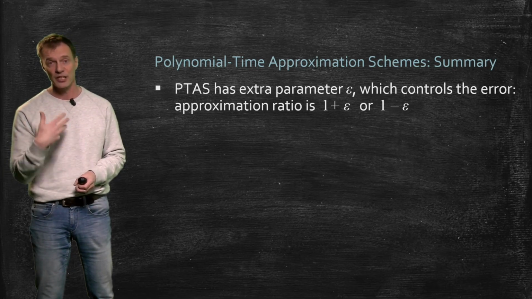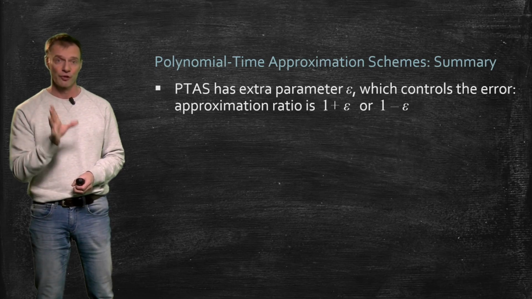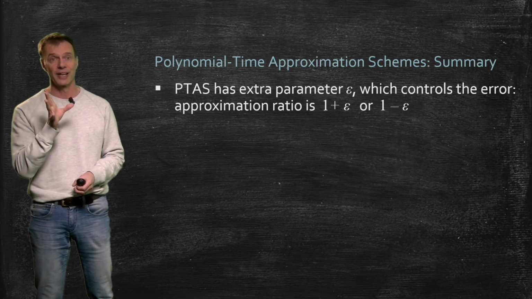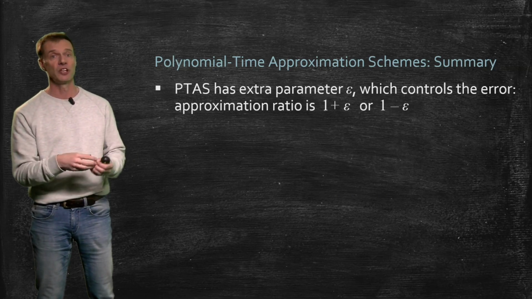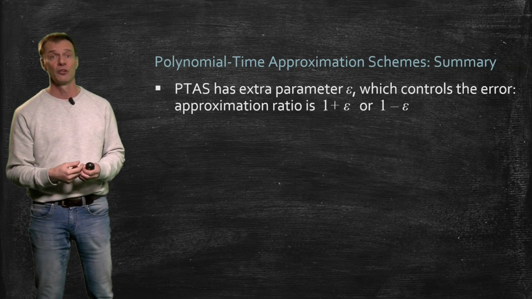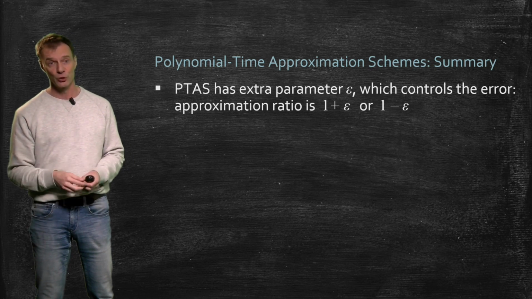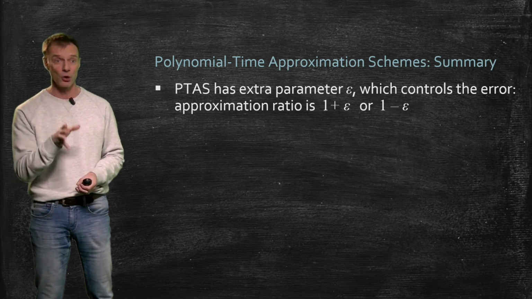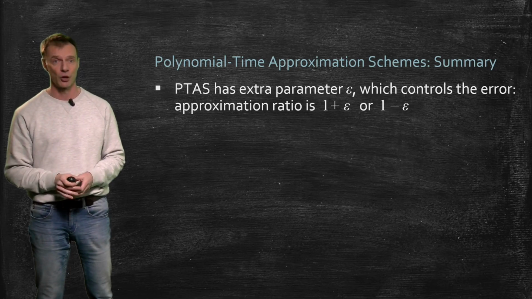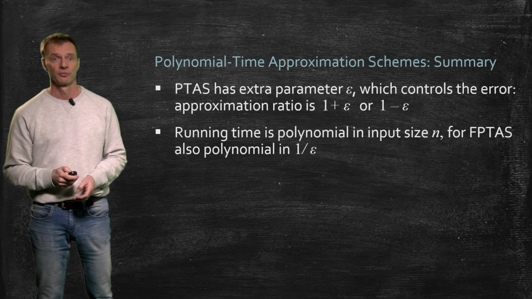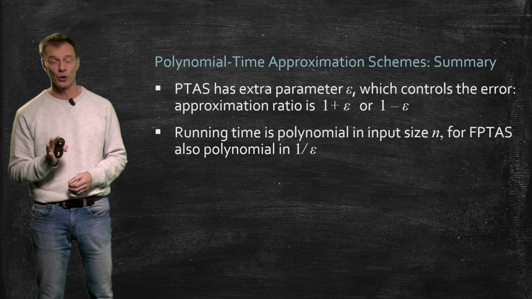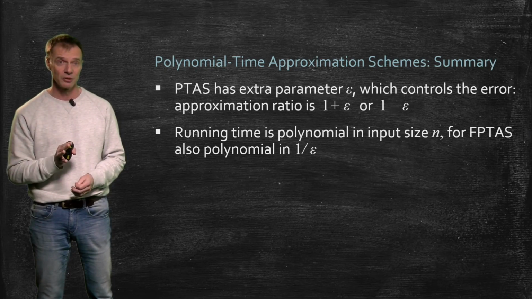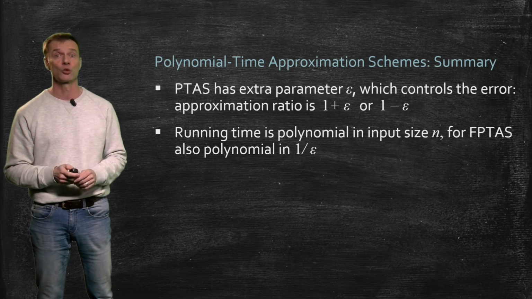And that means for a maximization problem, the value that you compute will be at least 1 minus epsilon times opt. And when you are dealing with a minimization problem, then the value of the solution that you compute should be at most 1 plus epsilon times opt. The running time of a PTAS should be polynomial in the input size n. And for an FPTAS, it should also be polynomial in 1 over epsilon.